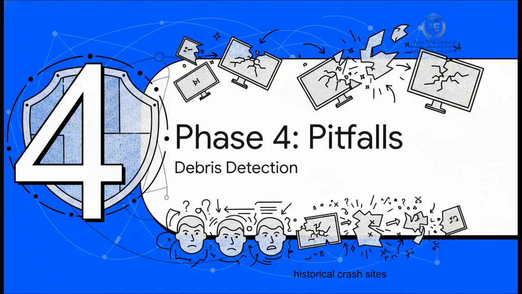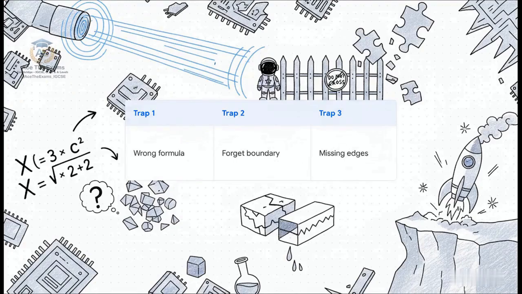Moving right along into Phase 4, debris detection and examiner warnings. Keep your shields up, everyone. We are officially entering the historical crash sites of previous candidates. Scanning the debris field right now, and we have identified the top 3 traps that routinely take candidates out. Trap 1. It's the classic mistake of using the wrong formula or algorithm for the wrong context.